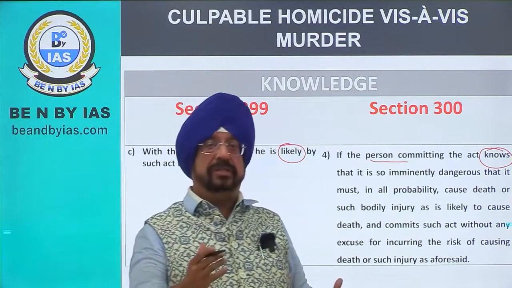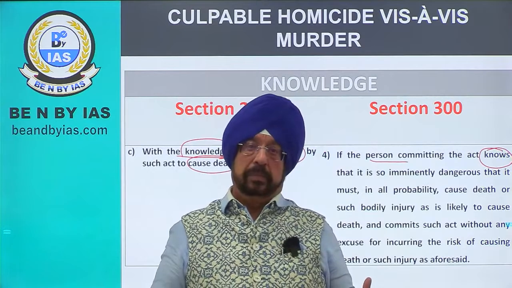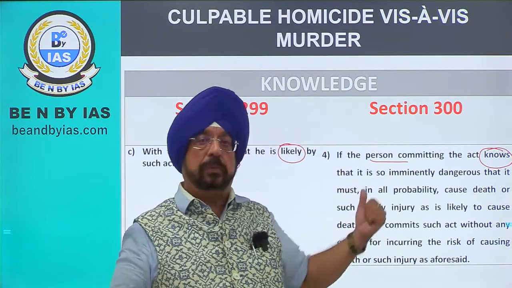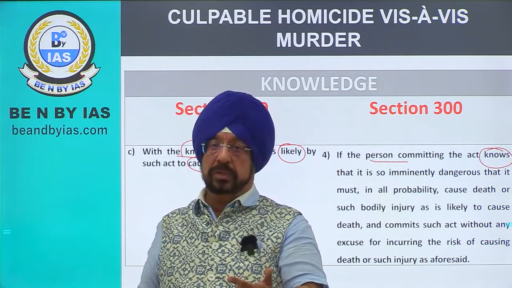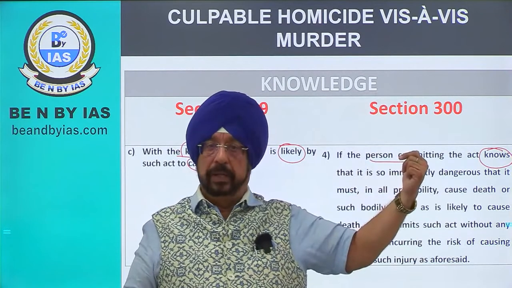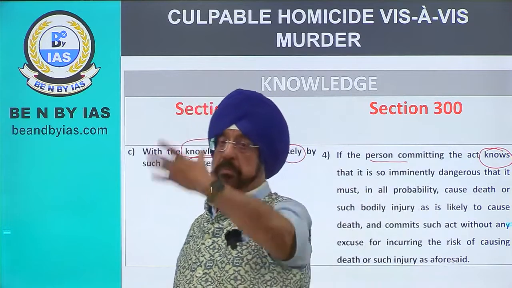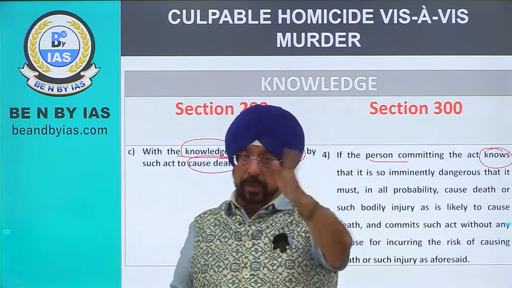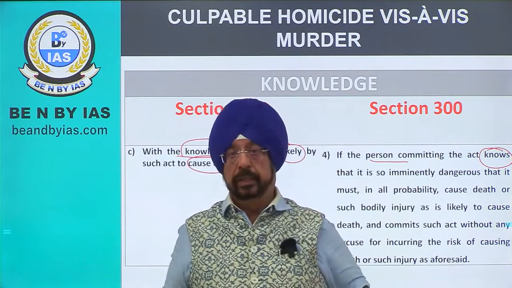The word likely links us with the possibility. But when we say sufficient in the ordinary course of nature to cause death in thirdly, or here, must, in all probability, it is sure that death will happen.